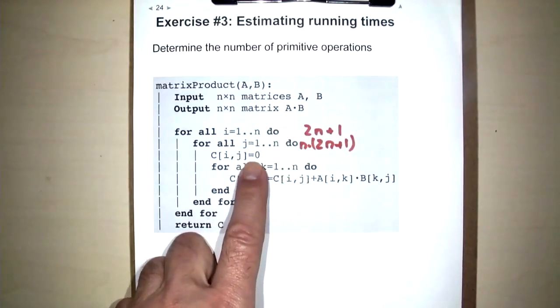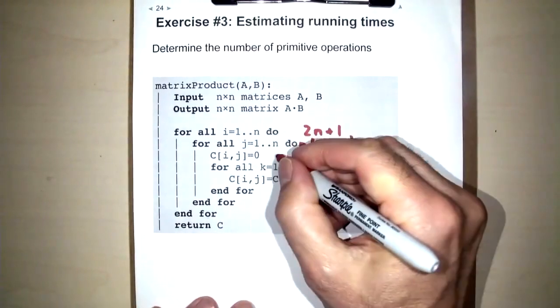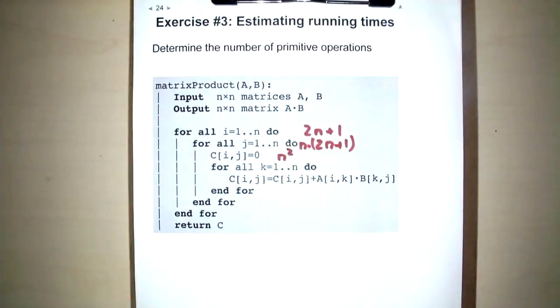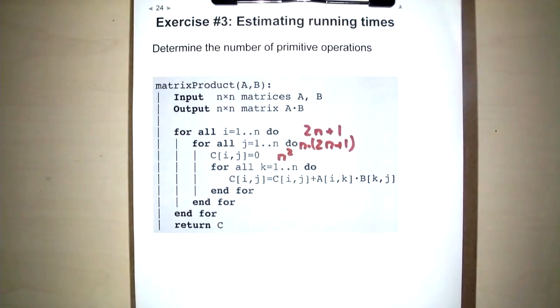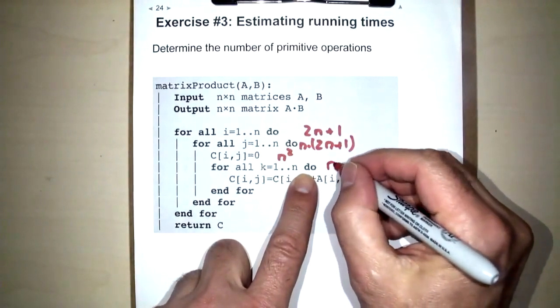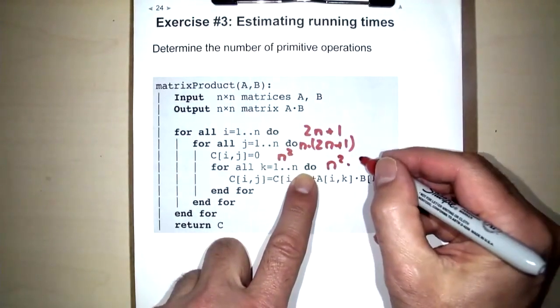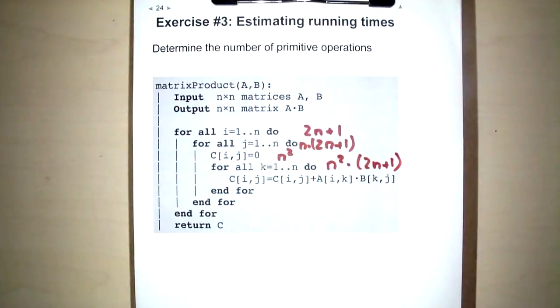How often do we have to do that? N squared, yes. We have to do that exactly n squared times, because we have the outer loop n times, and n times n, we have to do the inner loop, and therefore n squared times we have to do that. Okay, so that then means we have to do that how often? N squared times 2n plus 1, as usual, for our loop.